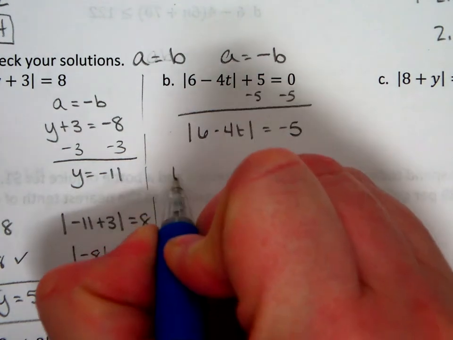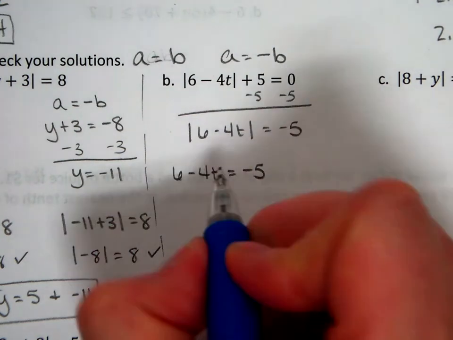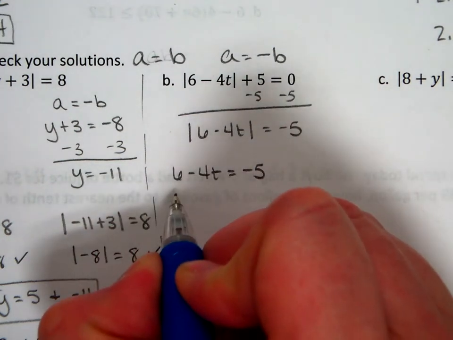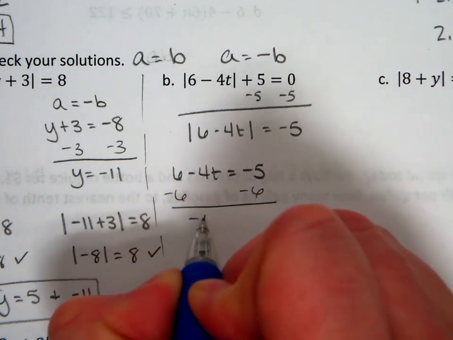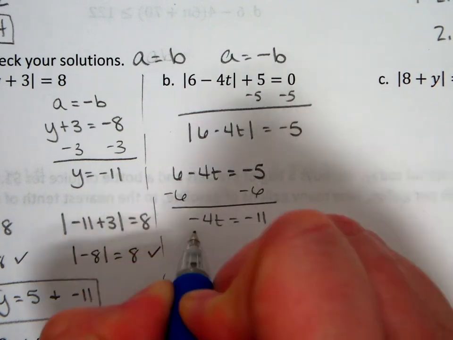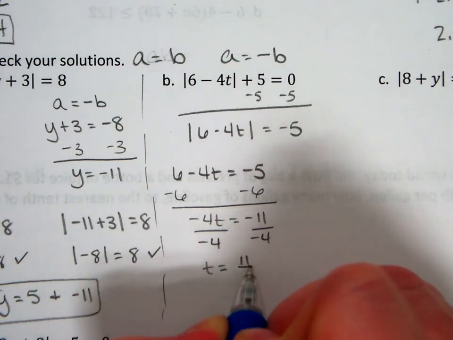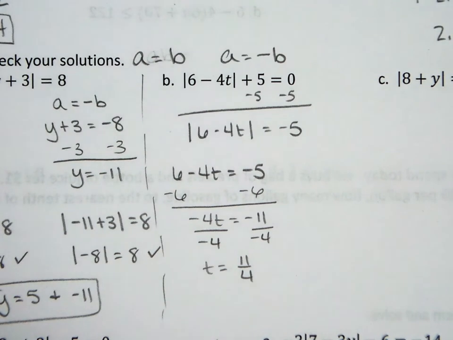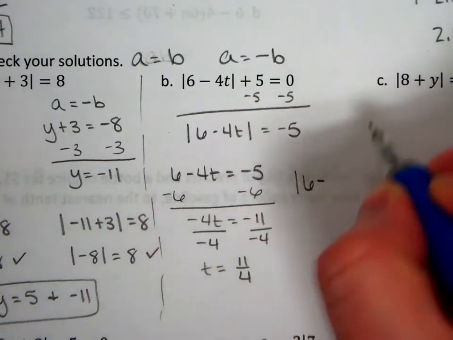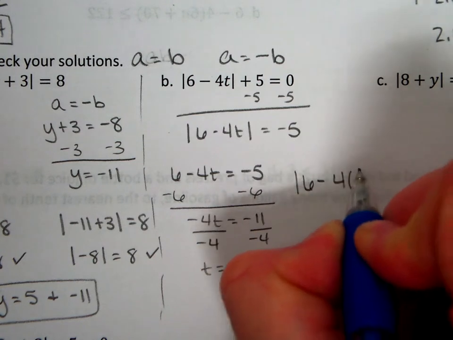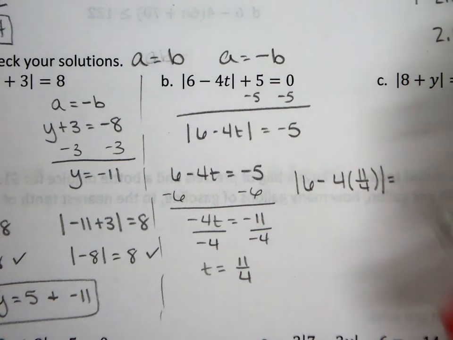So 6 minus 4t equals negative 5. Minus 6 on both sides: negative 4t equals negative 11. Divide by negative 4 on both sides. T equals 11 fourths. So I'm going to plug this in. The absolute value of 6 minus 4 times 11 fourths plus 5 equals 0.